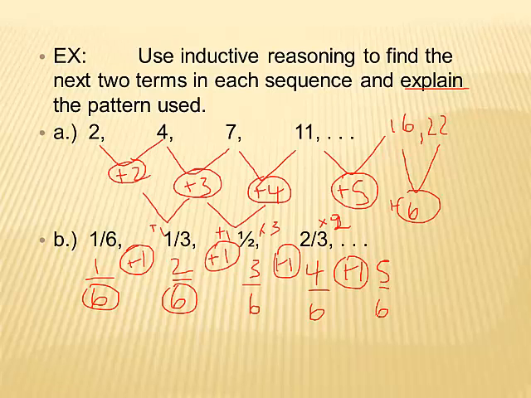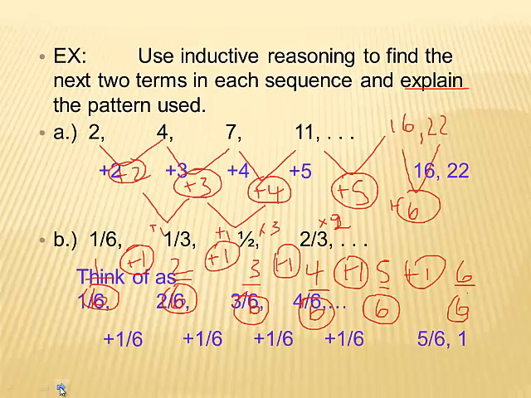Add 1 to the numerator, and I get 6/6, which actually can be reduced to 1. But you can keep it as 6/6 as well. So the denominator is the same throughout, and you're just adding 1 to the numerator. But looking at B, the pattern is hidden. You have to pull it out, and that is, for a lot of cases within a pattern, trying to find out what the pattern is.